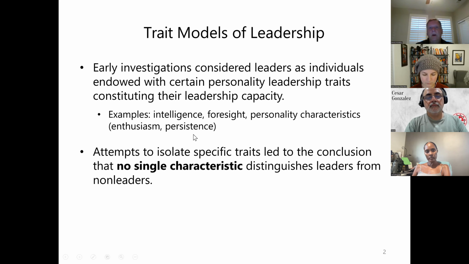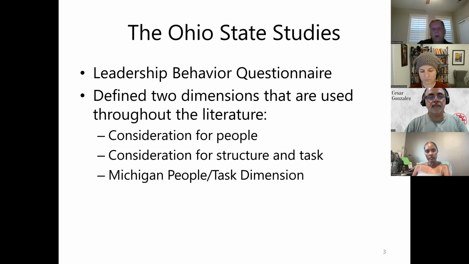So let's talk a little bit about where we have come from the trait-based approach to leadership and some of the theories that have grown out of this non-trait-based approach. One of the oldest and most famous leadership studies, which you may have heard about already in the program, are the Ohio State studies.